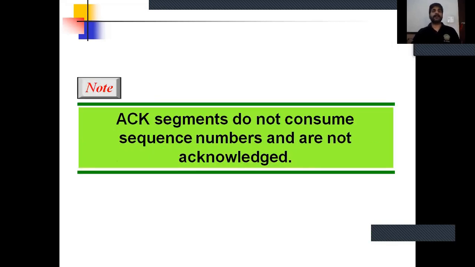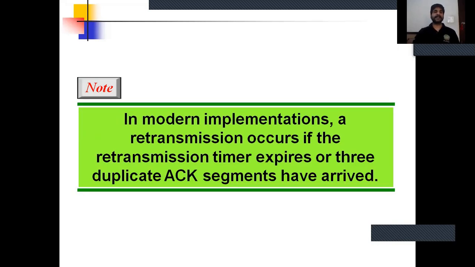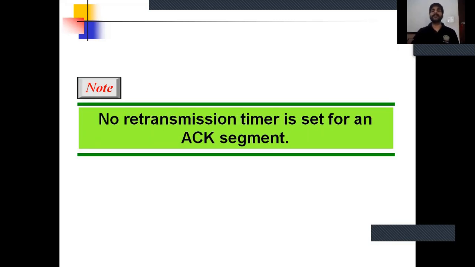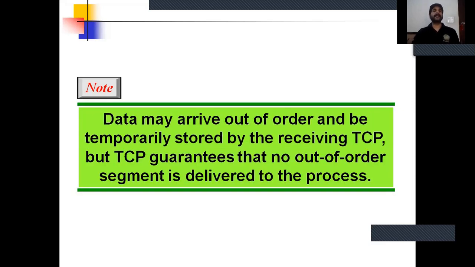Several times we have defined that ACK segments that do not consume sequence numbers are not acknowledged. In modern implementations, a retransmission occurs if the retransmission timer expires or 3 duplicate ACK segments have arrived. No retransmission timer is set for ACK segments. Data may arrive out of order and be temporarily stored by the receiving TCP, but TCP guarantees that no out-of-order segment is delivered to the process.